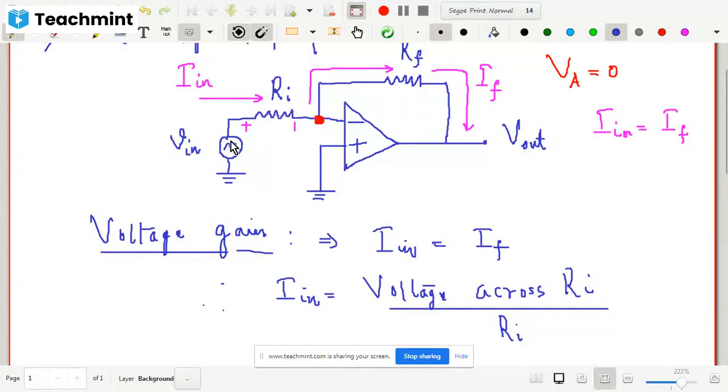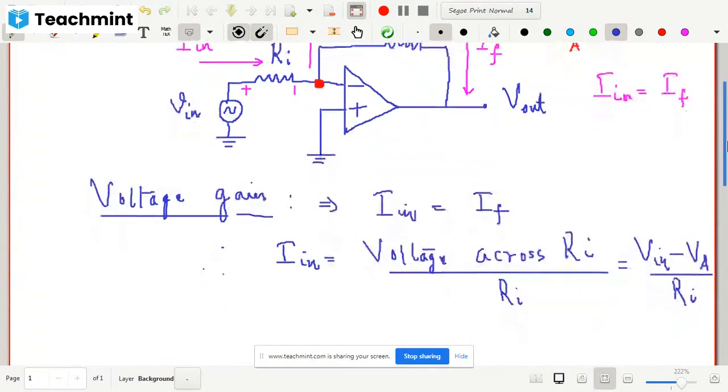It is very simple from this circuit: if here you are applying 10 volt, and you subtract from this particular potential, then that is the potential across Ri. So the potential across Ri is V in minus VA. So here I can write that it is V in minus VA divided by Ri.